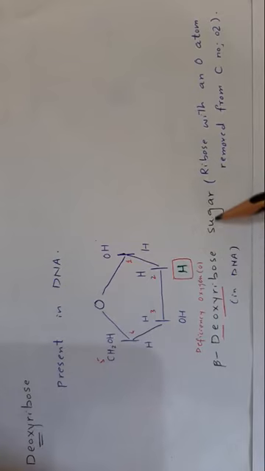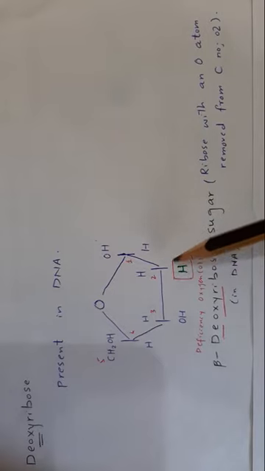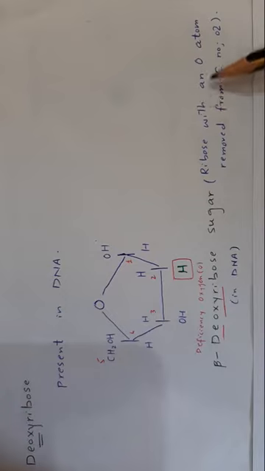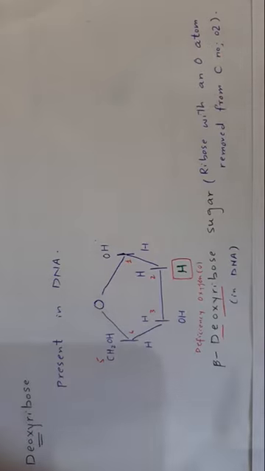In ribose, this position has a hydroxyl group OH, but in deoxyribose there is no oxygen, only hydrogen. So D means deficiency, oxy means oxygen. What is deoxyribose sugar? It is actually ribose with an oxygen atom removed from carbon number 2.